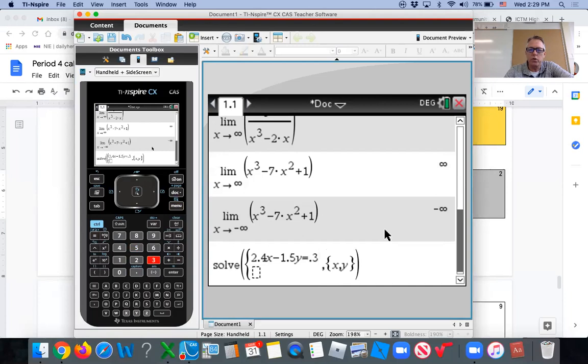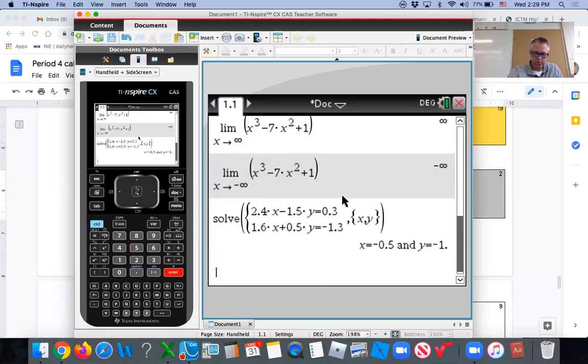I'm not even going to put the 0 because I'm trying to save time. And 1.6x plus 0.5y is equal to negative 1.3. Hit enter, and there's our answer. So our x is negative 0.5 and our y is negative 1.